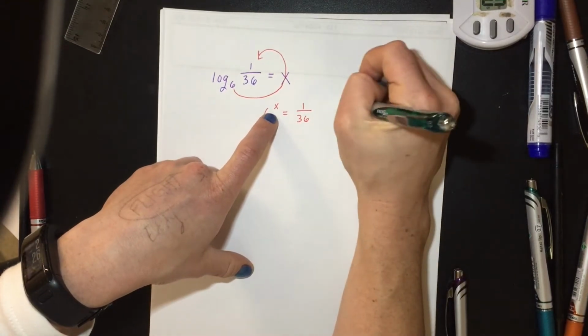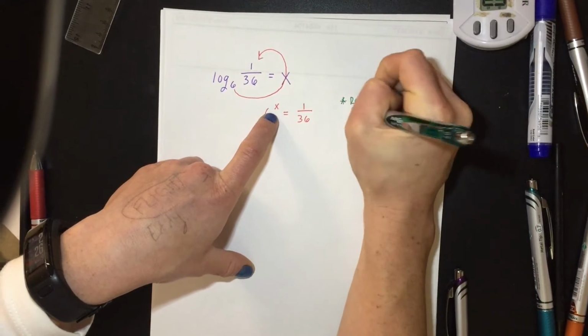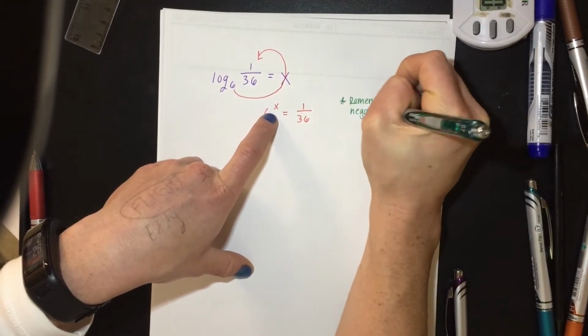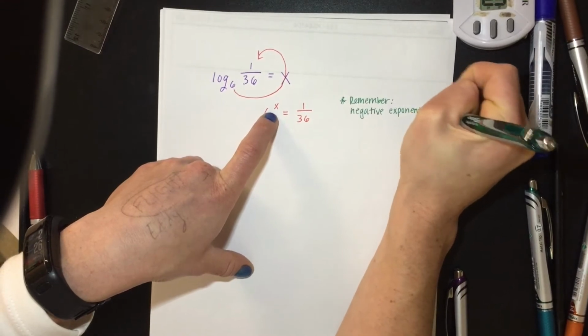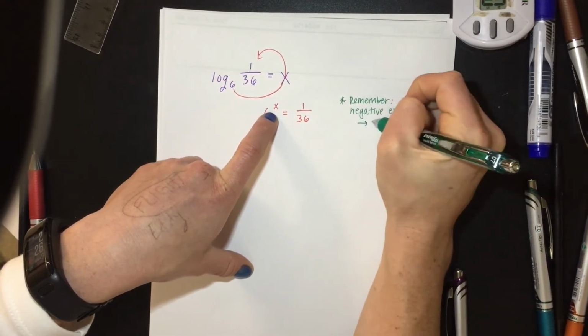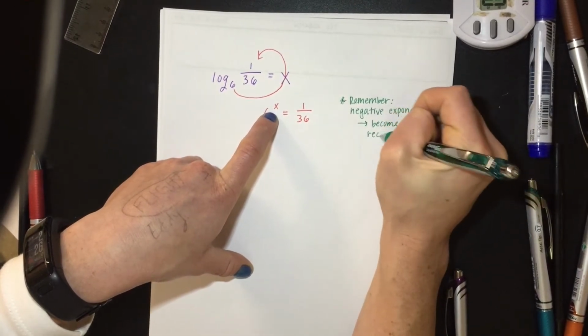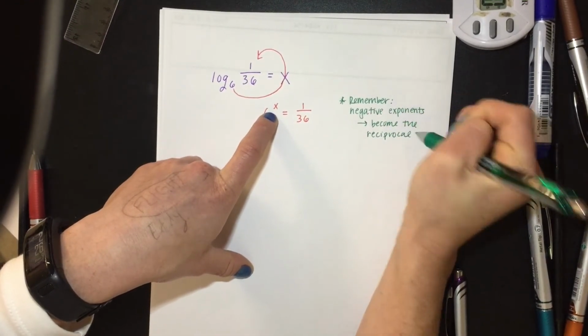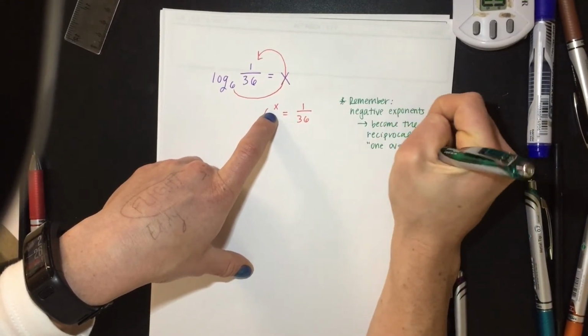Remember the rule of negative exponents: they become the reciprocal, or you can think of it as 1 over.